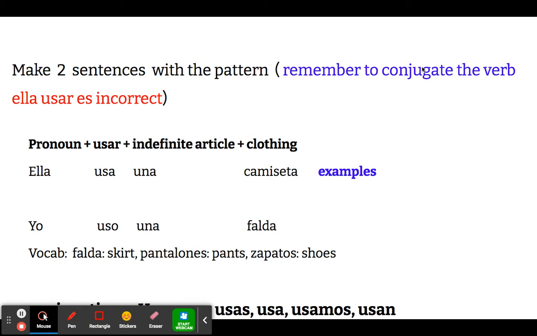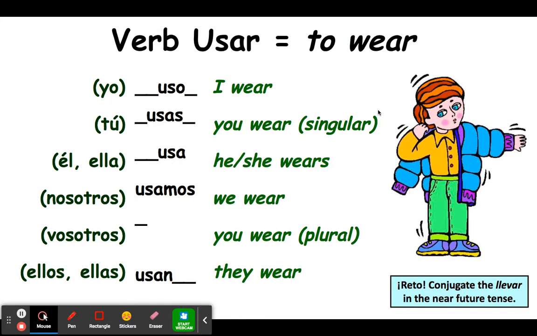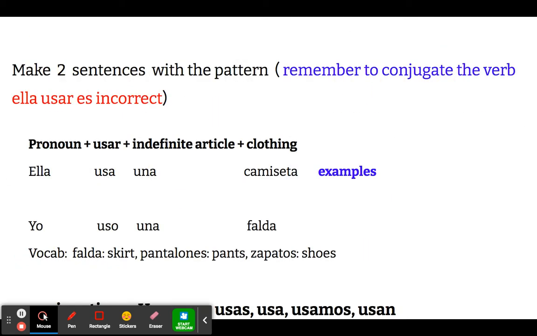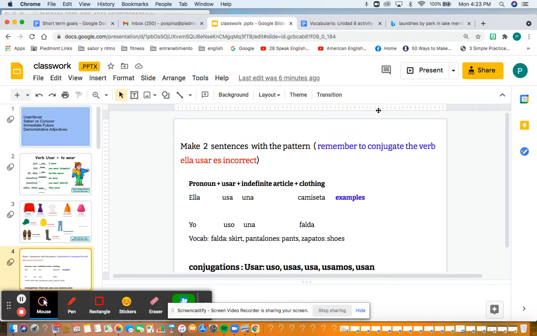So if we have ella, then usar, we go back to the conjugation for usar, so it'll be ella usa. Then the sentence will be ella usa una camiseta. Yo uso una falda. But this was very, very basic.